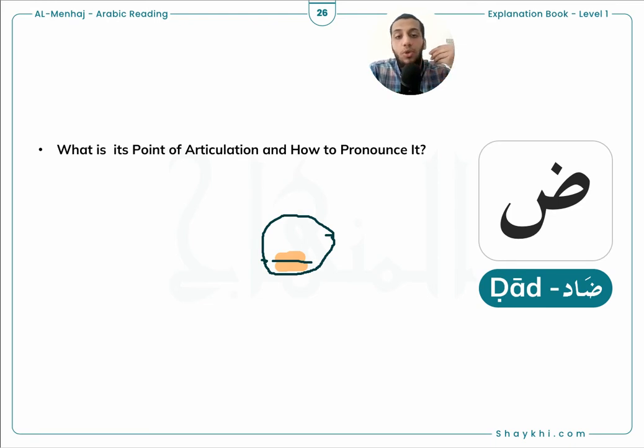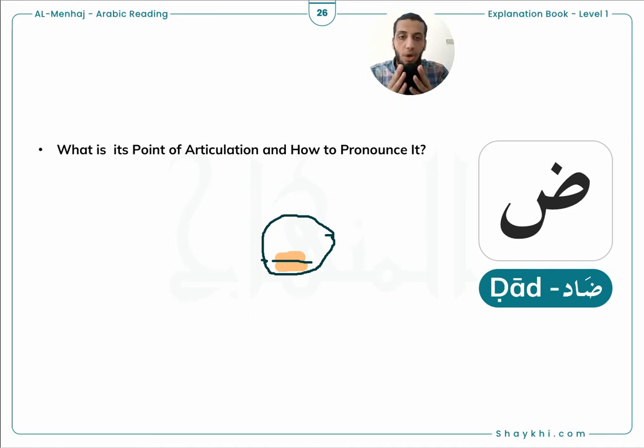And in Surah Yusuf, Allah subhanahu wa ta'ala says قالوا أضغاث أحلام وما نحن بتأويل الأحلام بعالمين.